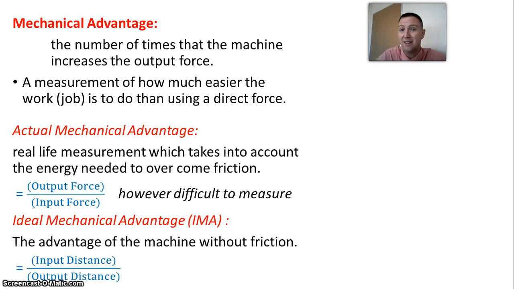So this is going to look at the distance, much easier for us to measure as opposed to the force. So we take the ratio of our input distance divided by our output distance. All right? So how far do we have to exert our force on the machine? What is the distance of the machine exerting that force on whatever job we're doing?